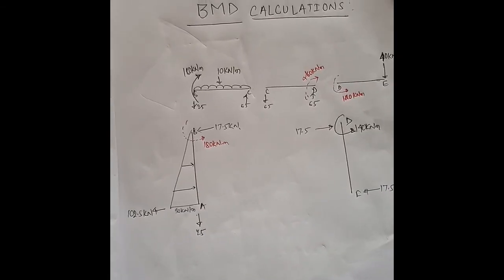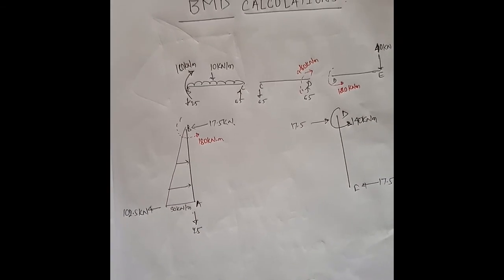Here I have written the 180 in red, so the moments at the joints have been written in red color and some in black color. This indicates their individual meaning. In red color, the moment is the balancing moment.